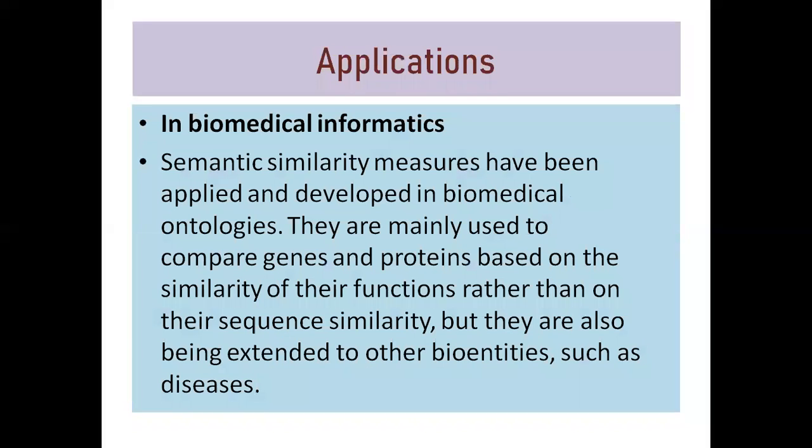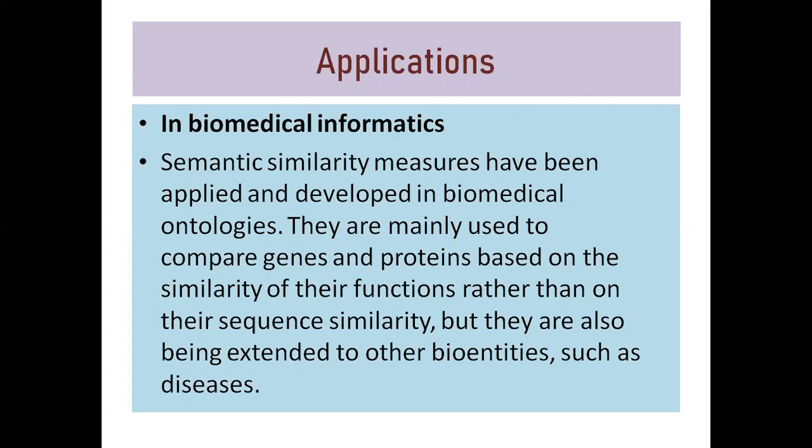Next, applications. In which field is this semantic textual similarity used for linking the data sets? The applications are in biomedical informatics. Semantic similarity measures have been applied and developed in biomedical ontologies. They are mainly used to compare genes and proteins based on the similarity of their functions rather than on their sequence similarity.